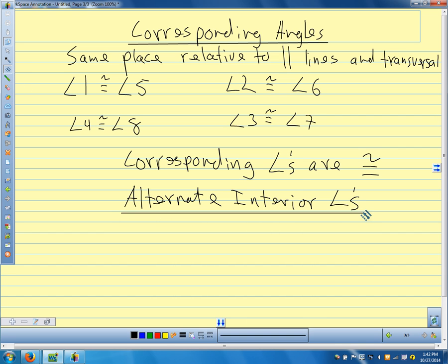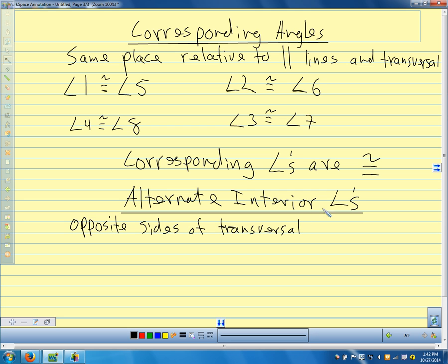Alternate interior angles. Alternate means opposite sides of the transversal. And interior means between the parallel lines.